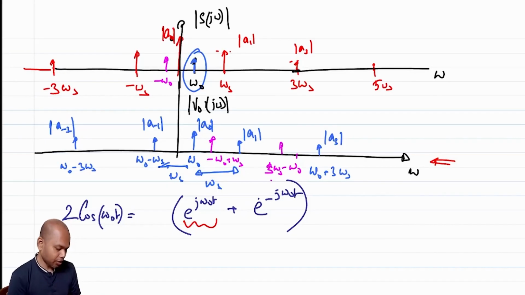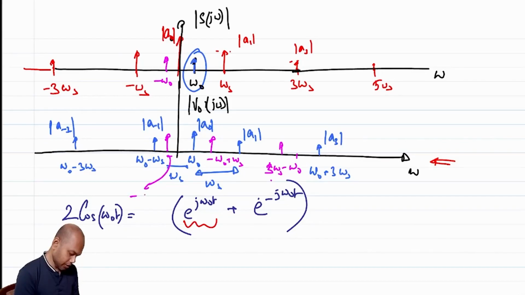Similarly, you are going to have a tone... clearly, I mean the negative omega naught tone will get multiplied with the DC, right? And you are going to have a tone at minus omega naught also, right? So you're going to have a tone at negative omega naught also. It's kind of getting messy. So this is minus omega naught.